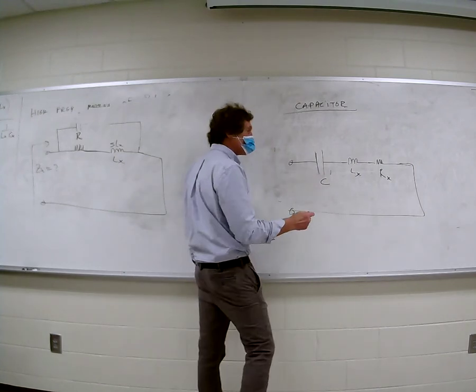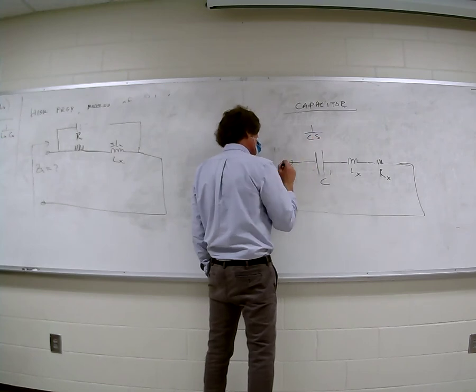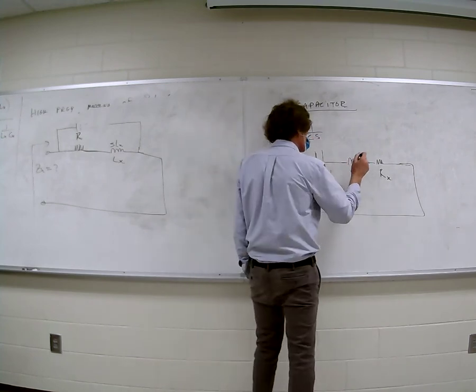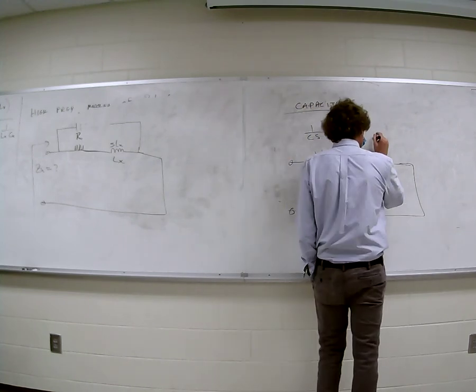We know the impedance of the capacitor is 1 over CS, right? An inductor's impedance would be S Lx. And a resistor is just Rx.